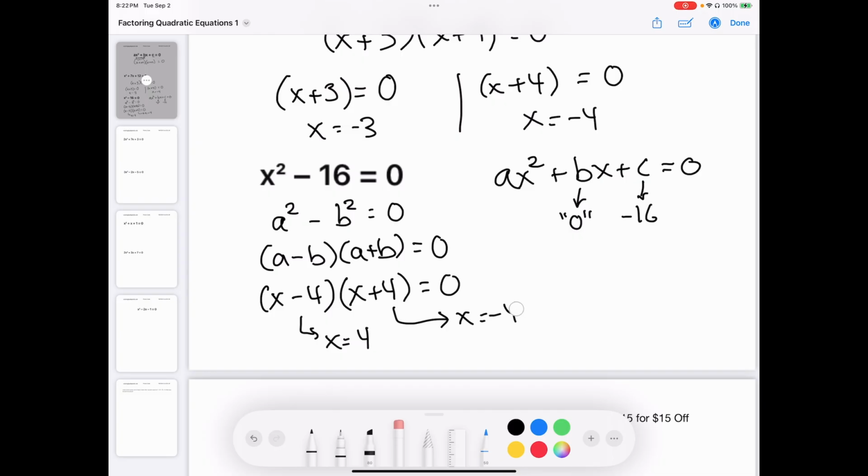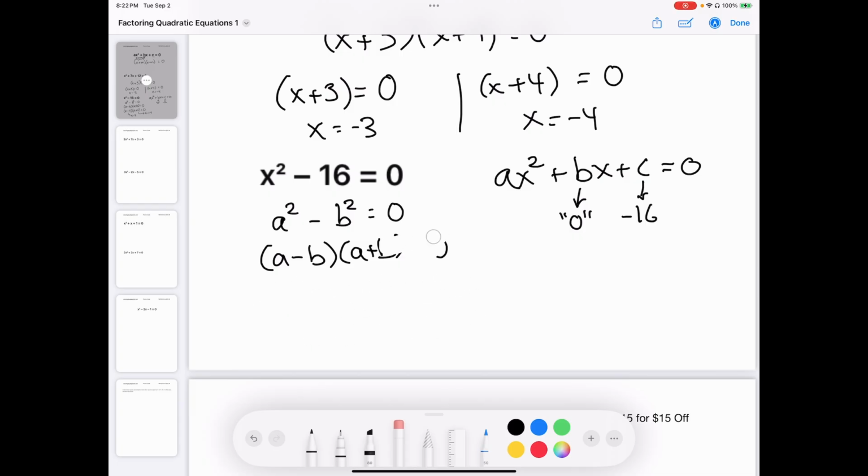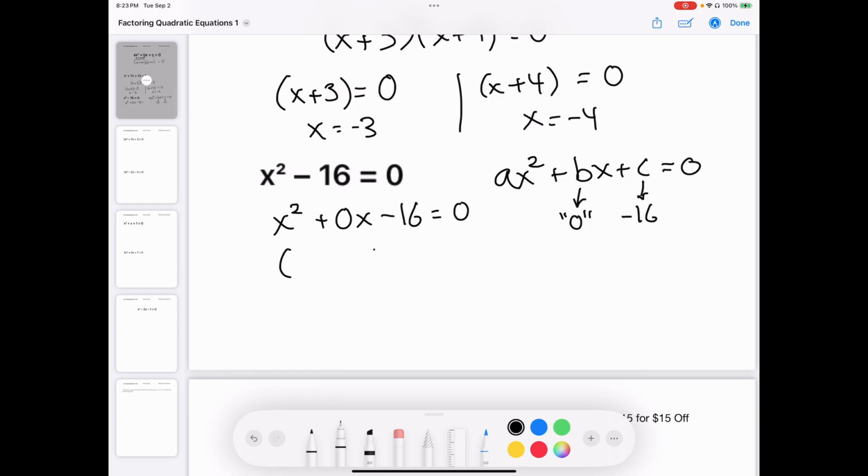Now, if I didn't know the difference of squares, you could solve it using regular factoring. We identified that b is equal to 0, so I could technically rewrite this as x squared plus 0 times x minus 16 equals 0.